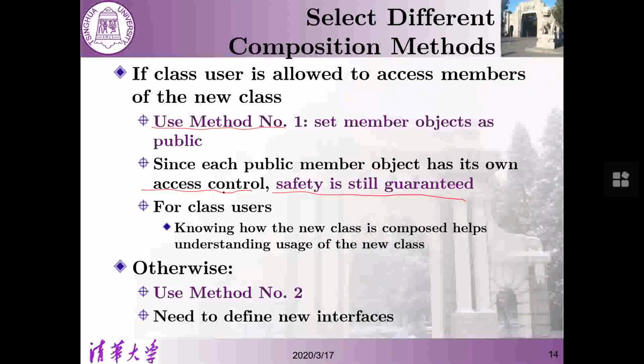For class users, knowing how the class is composed helps in understanding the usage of the new class, so it may be clearer for the user. Otherwise, it is suggested to use method number 2, that is, private composition, and then we define some new interfaces for the users.